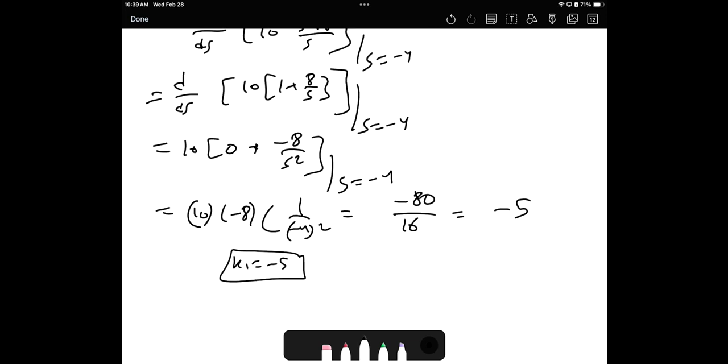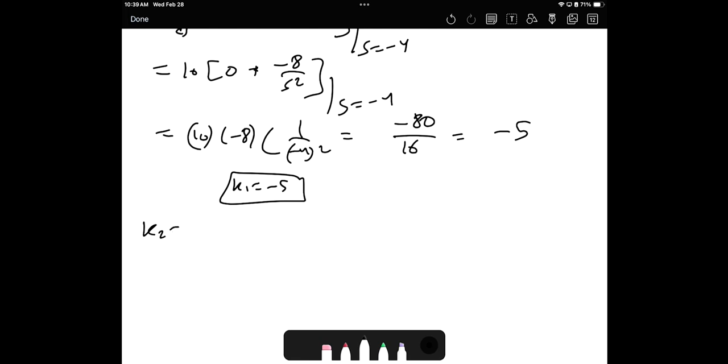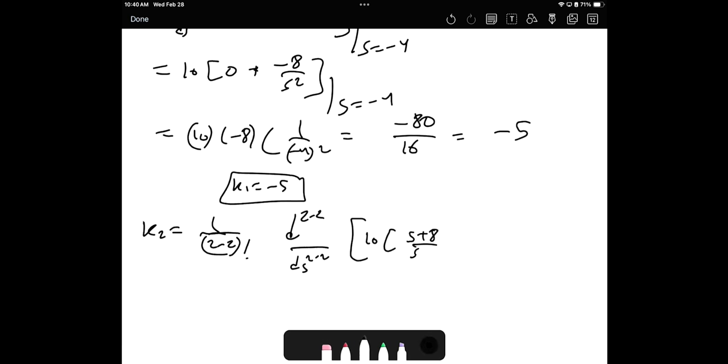Then next, I'm ready to calculate k2, which is 1 over (2 minus 2) factorial. 2 minus 2 factorial is 0 factorial, which is actually 1. Then it will be the derivative of order 2 minus 2, d^(2 minus 2) over ds^(2 minus 2). This means the 0 derivative of the function will be the function itself. So it will be 10 times (s plus 8) over s.